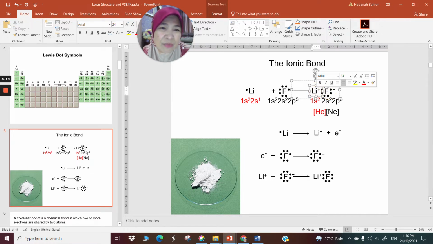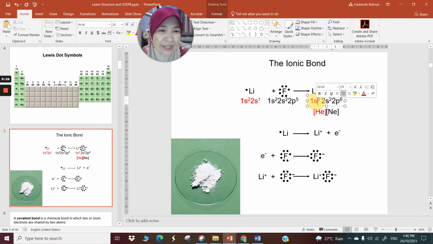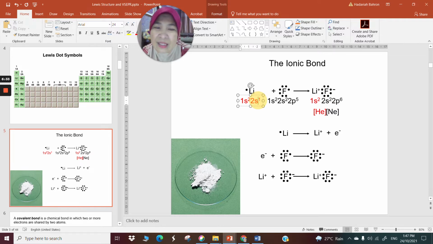So it's lithium fluoride, and the lithium electron configuration is 1s2, that I colored red, and the fluoride electron configuration is 2s2, 2p6. It becomes 2p6 because the valence electron of lithium comes and joins the 2p5 of your fluorine.